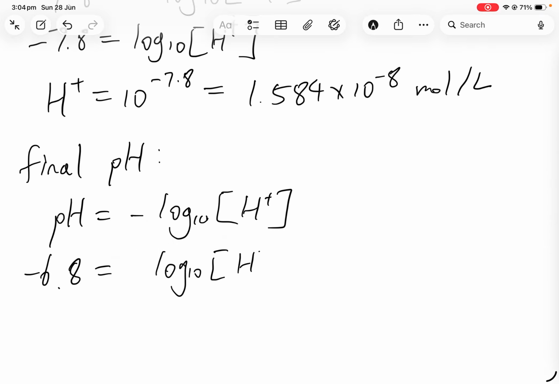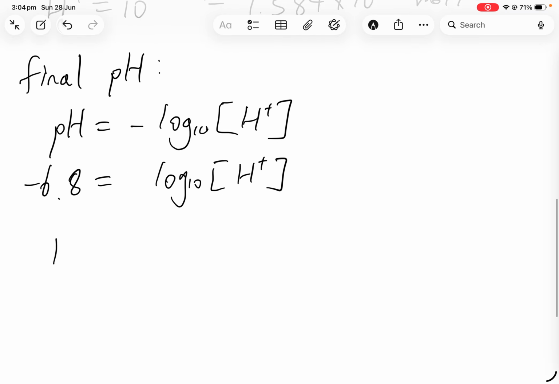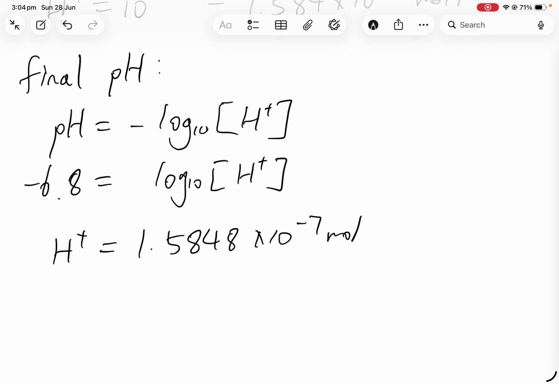It'll be the hydrogen concentration in the end, which means that this will equal 10 to the power of negative 6.8. And this is equal to 1.5848 times 10 to the power of negative 7 moles per liter.